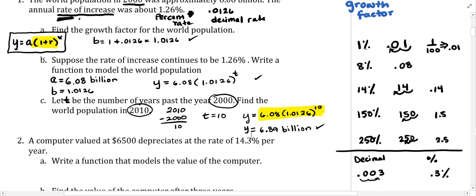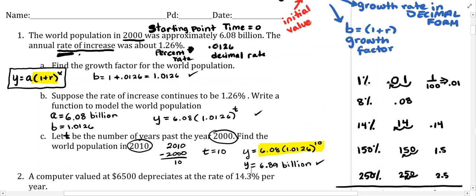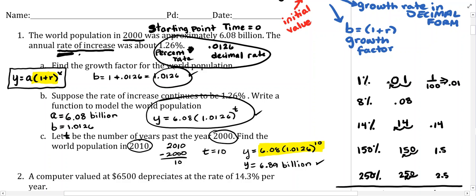All right, so they've asked us to identify, this is the rate right here. That's the growth factor. That's the equation. And that's the population after 10 years.